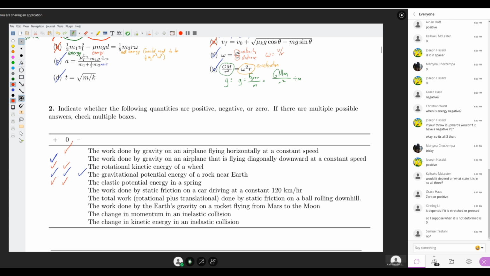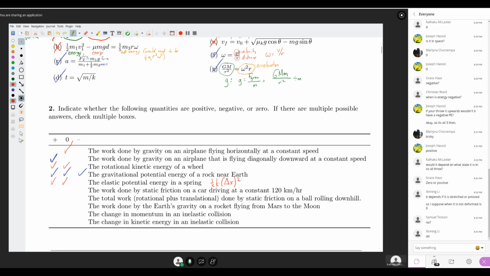No, it can't. The formula way to see that is that the elastic potential energy is 1 half k times the stretch or compression distance squared. So that cannot be negative. Another way to think of it is whether I stretch or I compress a spring, when I let go of it, it's going to do positive work on something.